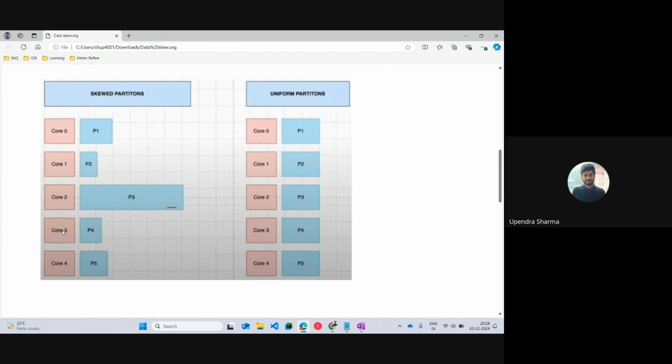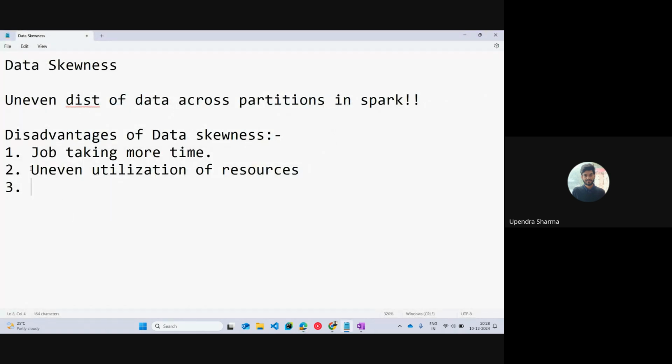Out of these 5 cores, 1 core was still processing the data, and the rest 4 cores were sitting idle, because of which it led to uneven utilization of resources. At the end of the day, we are still paying for those cores because they are active on our account. So when we are paying for those cores and they are not performing anything, that's just a waste of resources, right? So, uneven utilization of resources.